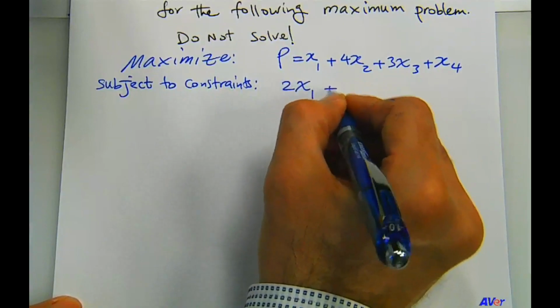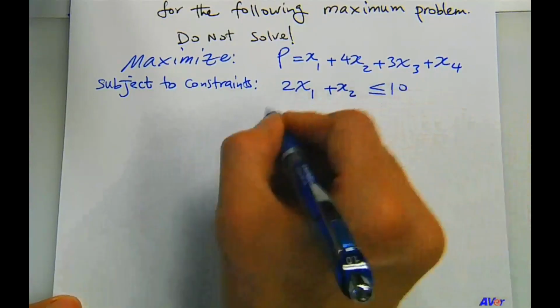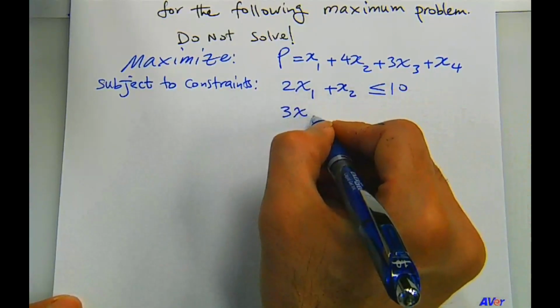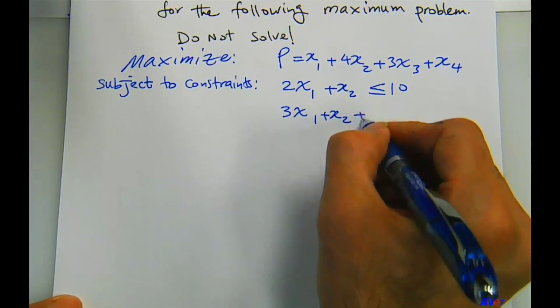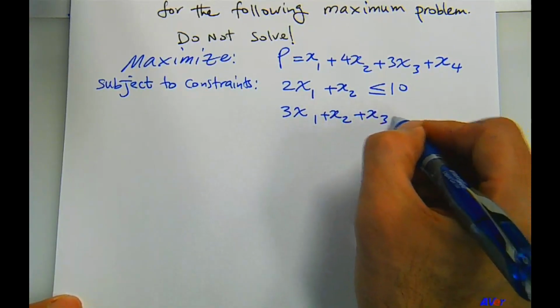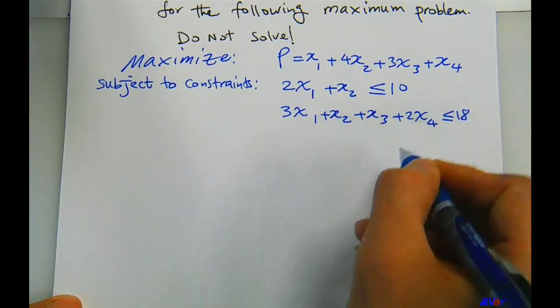We have 2x1 plus x2 less than or equal to 10, 3x1 plus x2 plus x3 plus 2x4 less than or equal to 18.